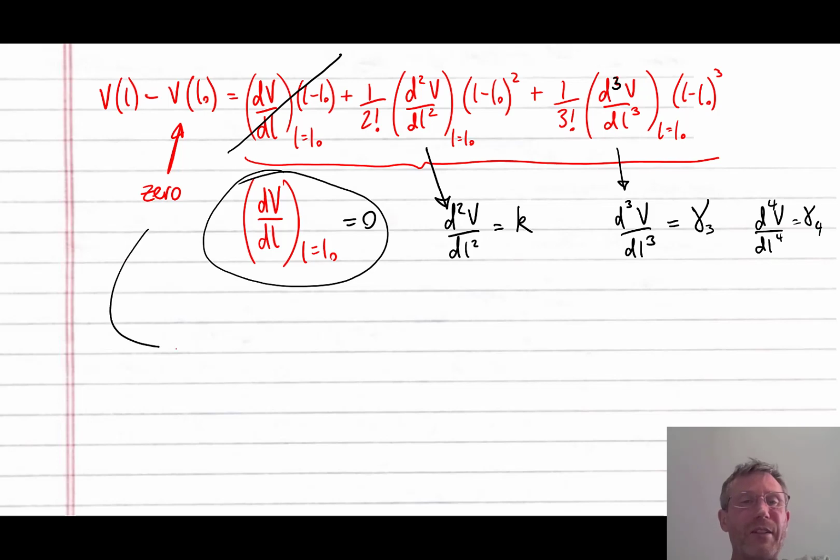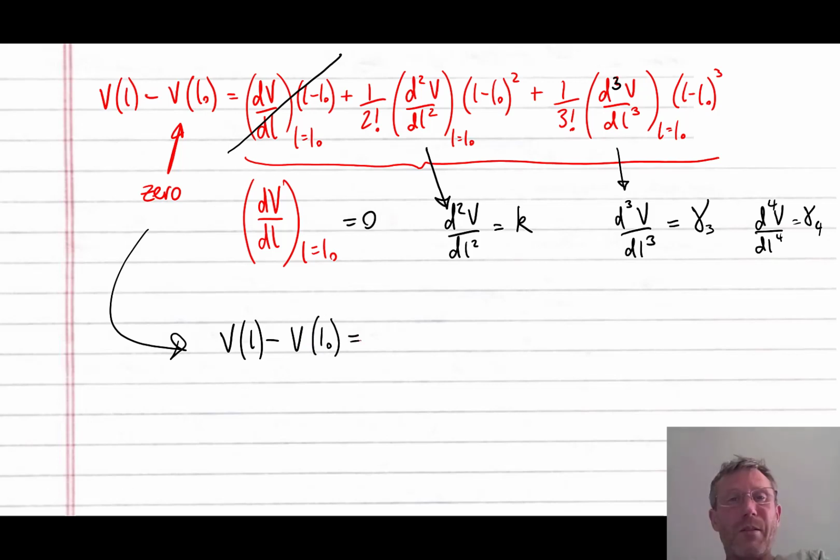But what this boils down to is an expression here that is V of L minus, well, this is going to be 0 effectively, but it's arbitrary, so we'll keep it in here for now. And that's equal to, we'll put it as k over 2 times x squared. So remember, this x squared term is actually L minus L naught in here.